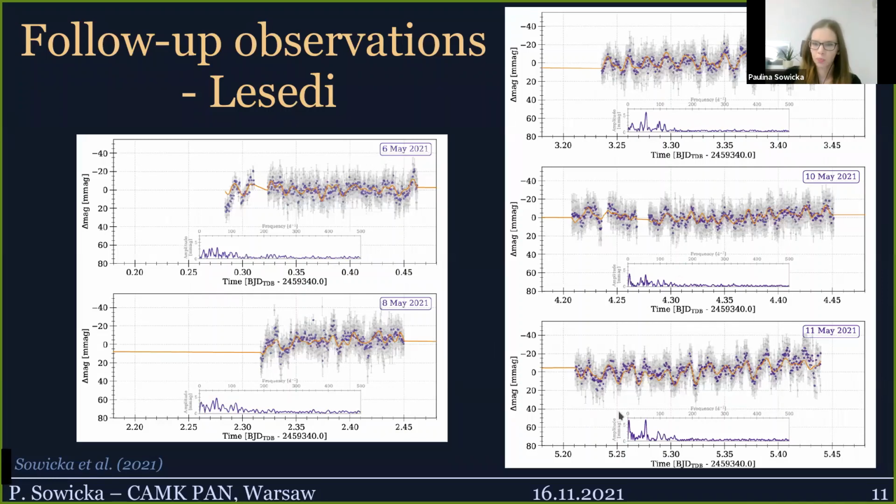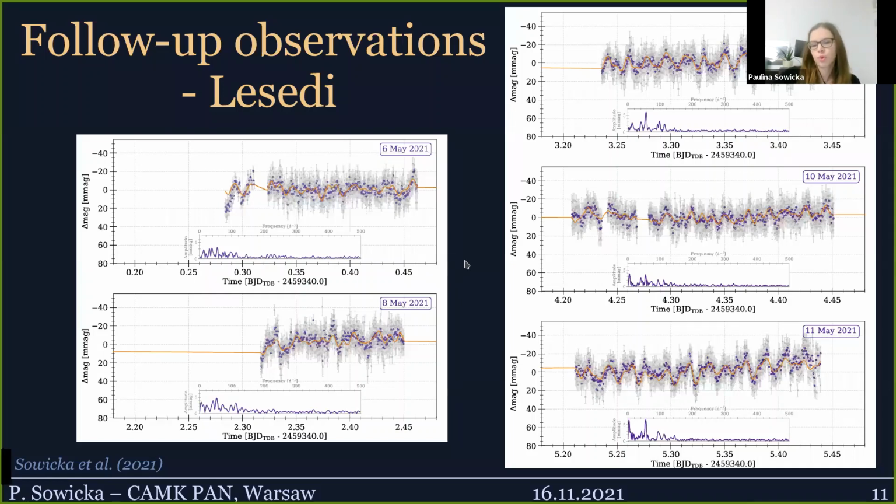And on these nightly light curves, the main characteristic is that the amplitude of this variability is changing from one night to the other, from like 6 millimag in the last night to something about 2-3 in the first.